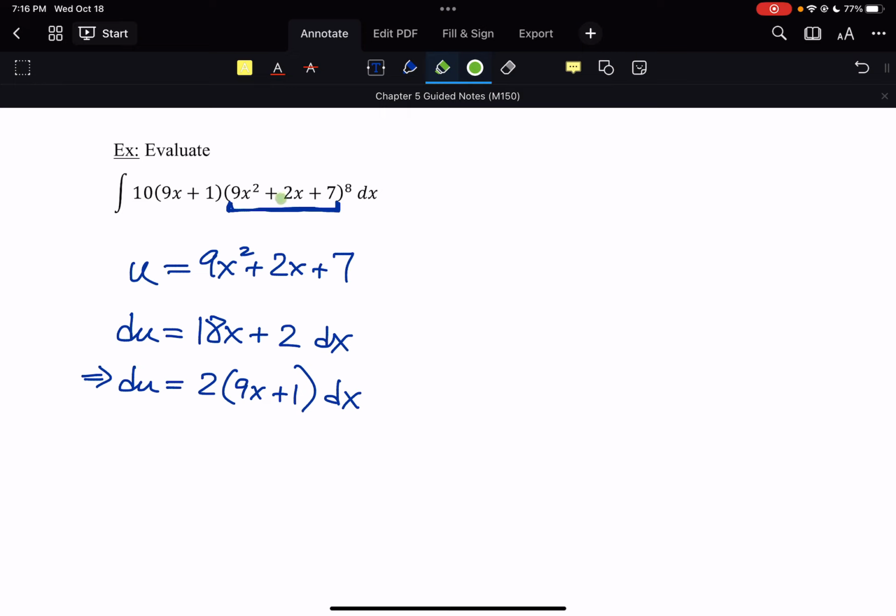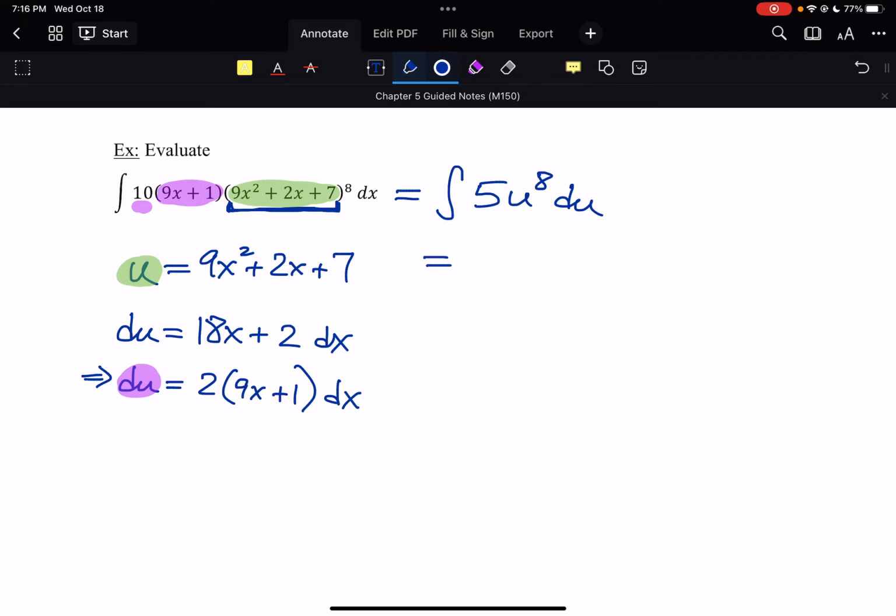And if we match this up, everything in these parentheses here is going to become u. So that's nice. The 9x plus 1 and a factor of 2 are going to be replaced by the du. Now, when we pull out the 2, we're left with a 5. So we're going to have 5 left over. This is going to be u to the 8th, and then du.